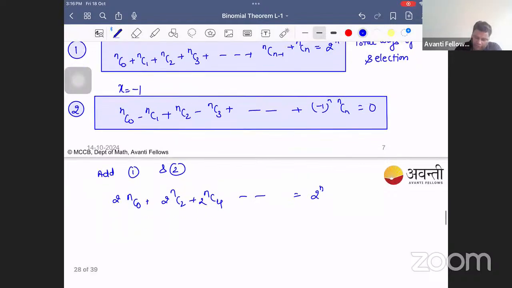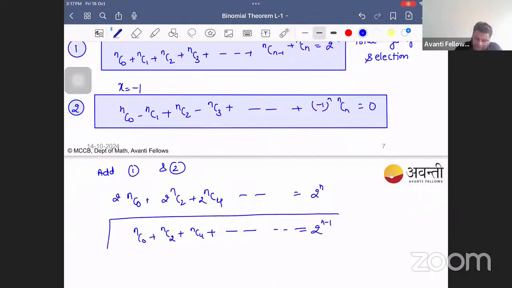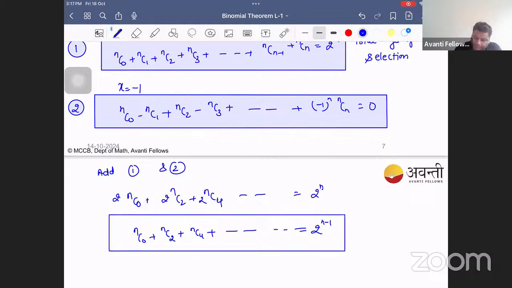So if I divide the entire equation by 2, you get nC0 plus nC2 plus nC4 and so on. That is 2 to the power n minus 1. This is third important result. Got it?